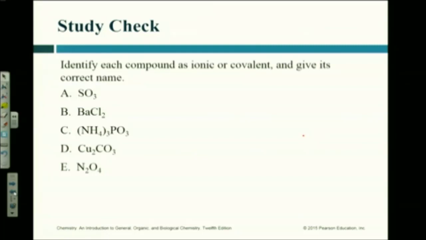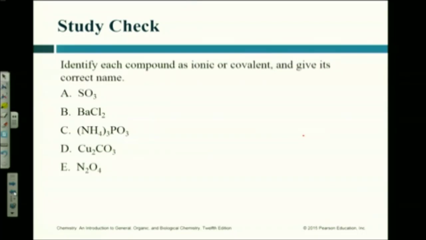All right. Somebody in the last class asked me about the first one. They said, well, that looks like the sulfite ion. Well, how do you know that's not the sulfite ion? What distinguishes that compound from being the sulfite ion? There's no charge on it, is there?